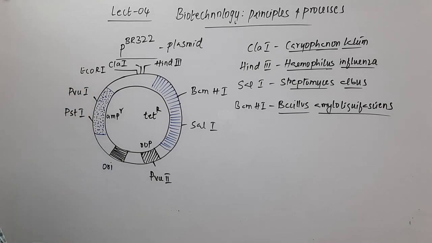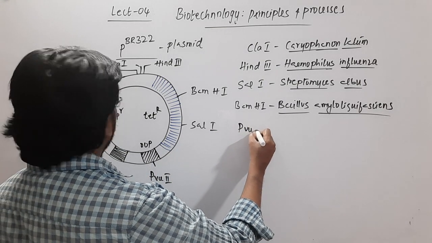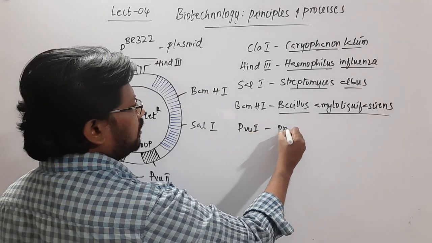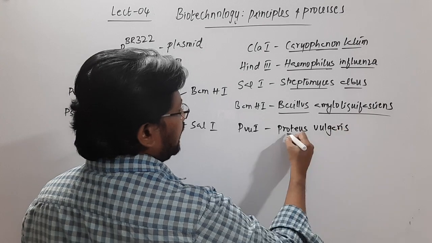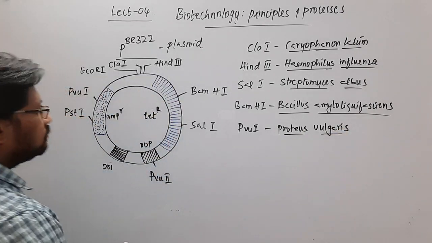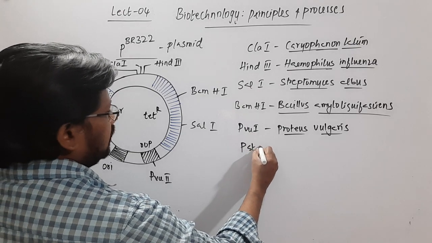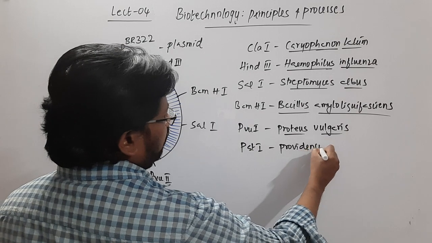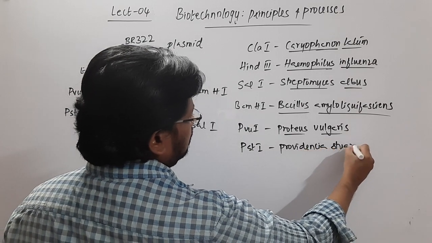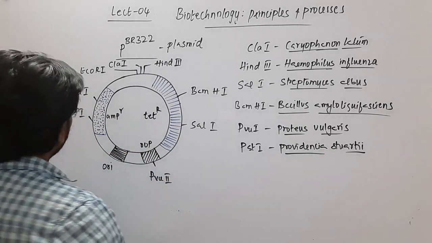Already we know EcoRI. Then PvuI is obtained from Proteus vulgaris, the bacterium from which we obtain this. Then PstI is from Providencia stuartii.